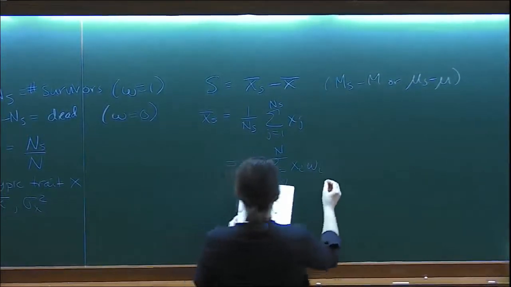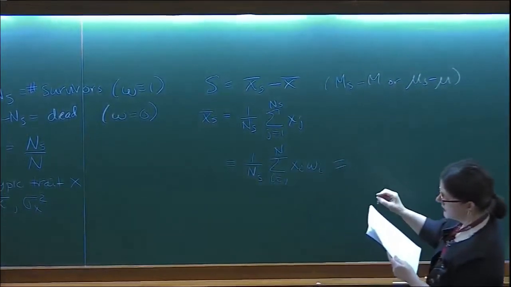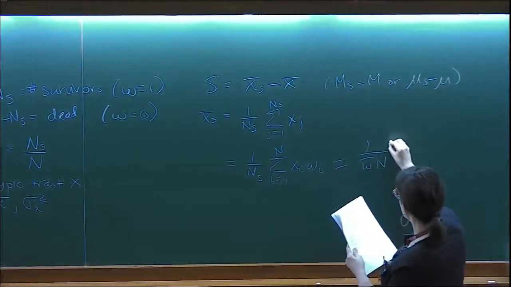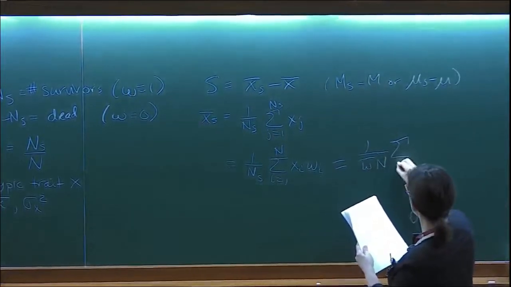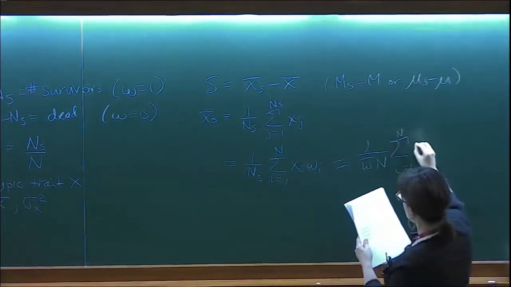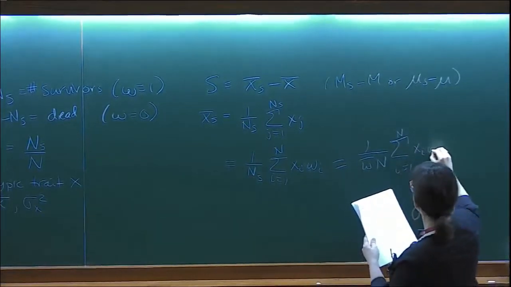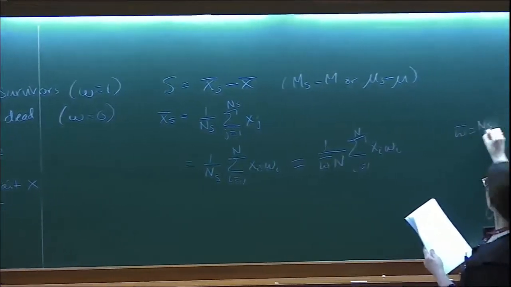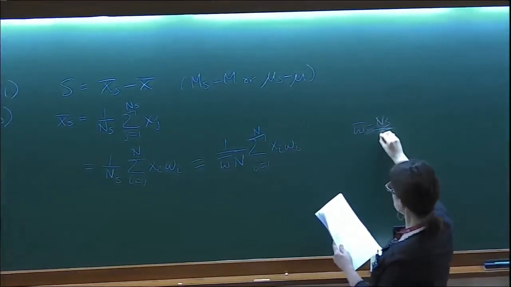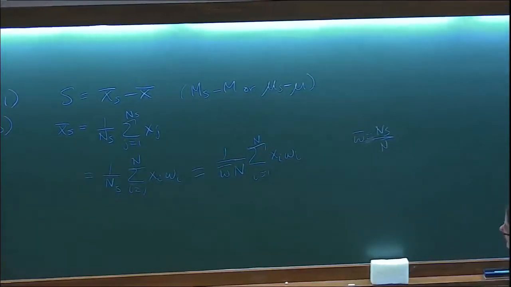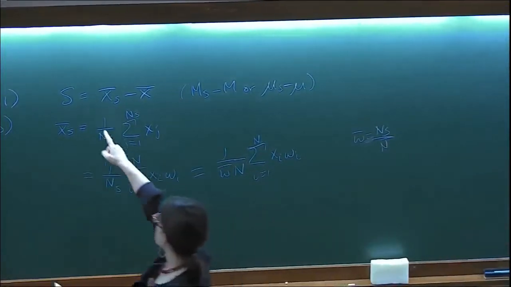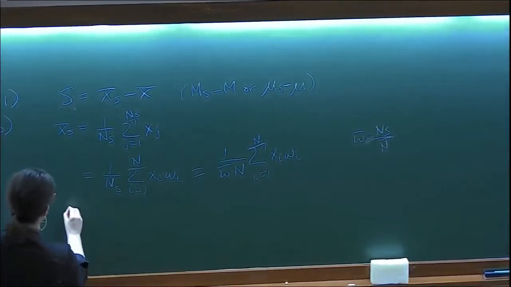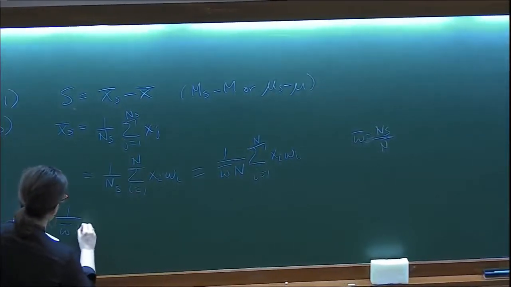And a little bit of algebra leads us to write this as this quantity, because we're using the fact that W bar is Ns over N. So we can write the selection differential as this quantity.